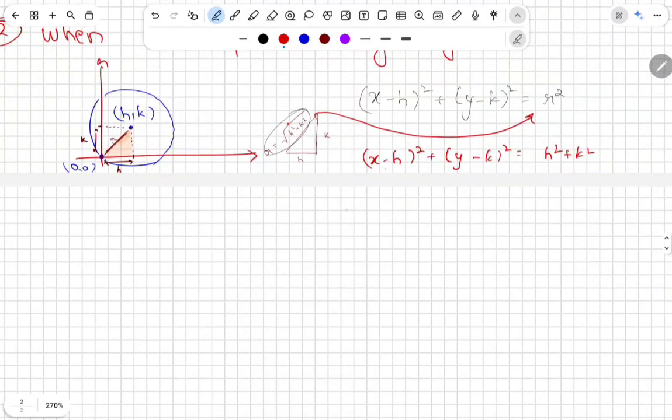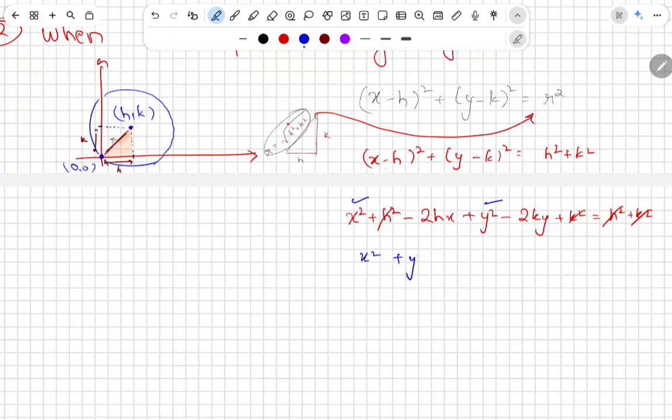On squaring this, we will get x square plus h square minus 2hx plus y square minus 2ky plus k square equals h square plus k square. h square and k square will cancel out. So we'll be left with x square plus y square minus 2hx minus 2ky equals 0.